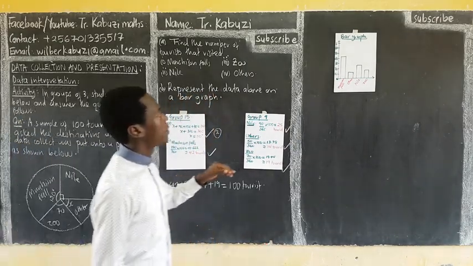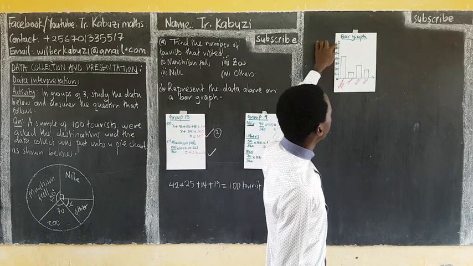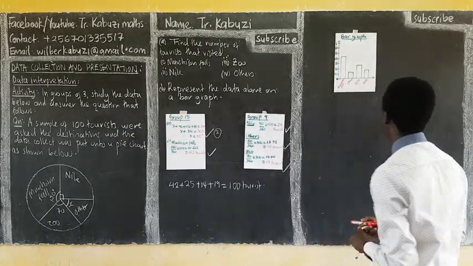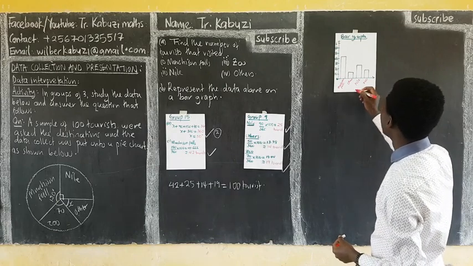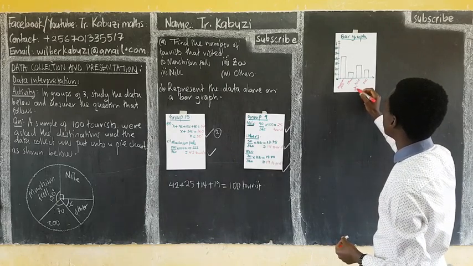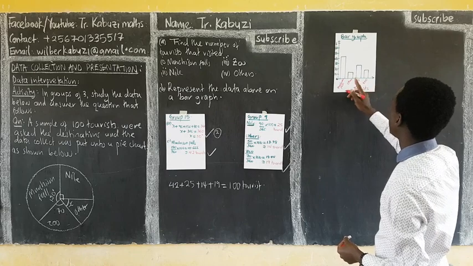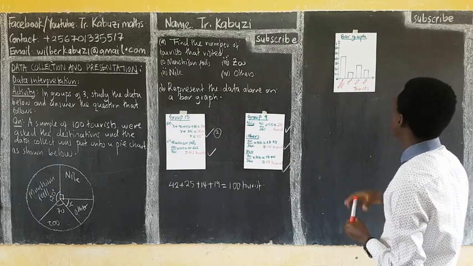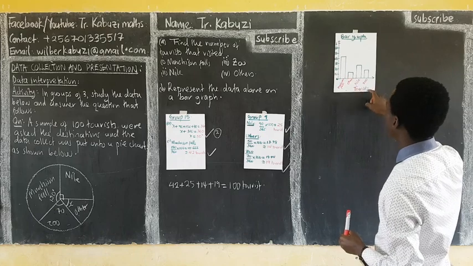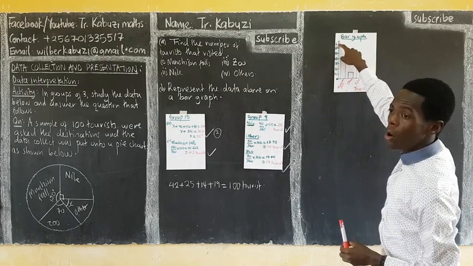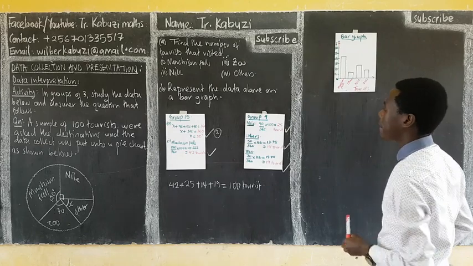We draw it with the frequency, which is the number. I expect there to be 2 axes. What they are giving is what you put here on the horizontal. Then on the vertical, you put the frequency of the number.